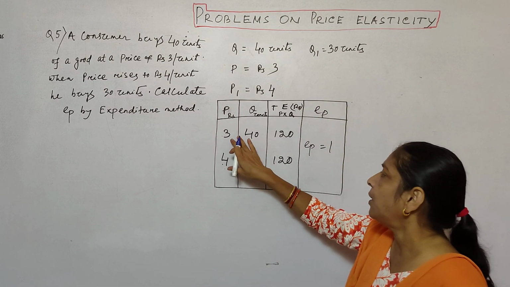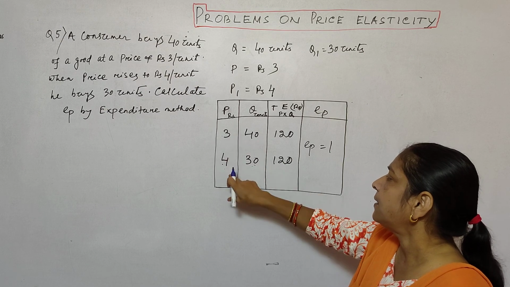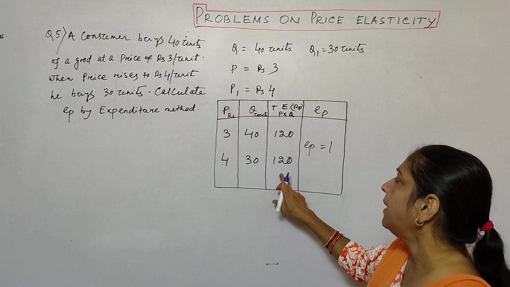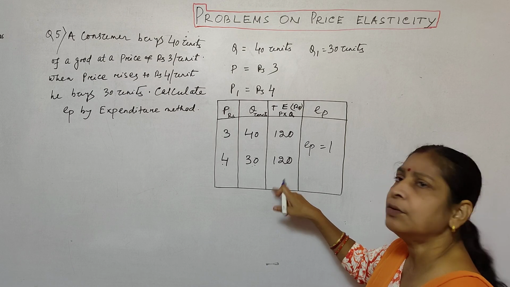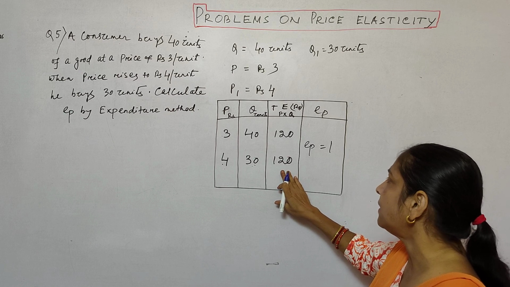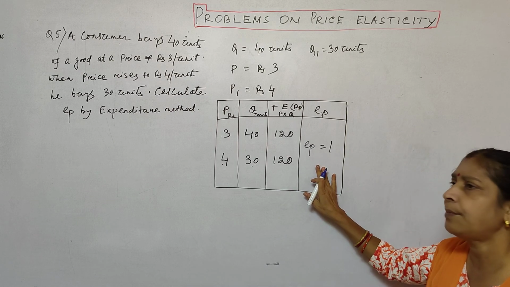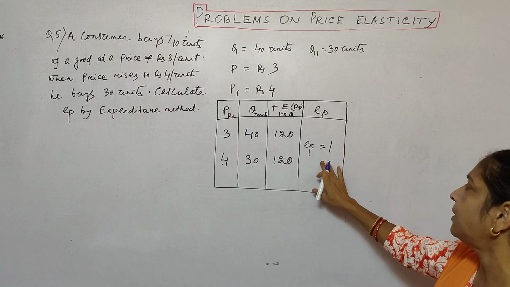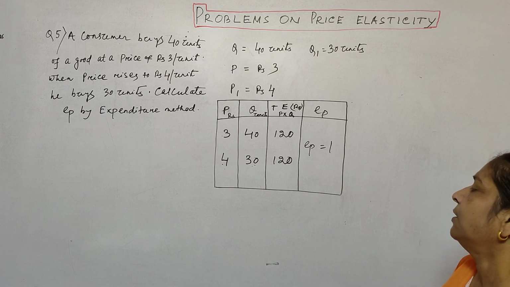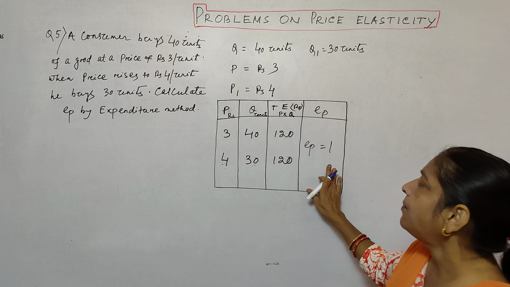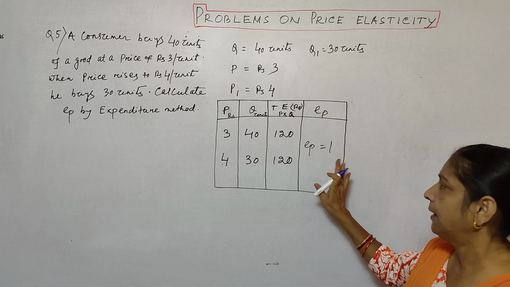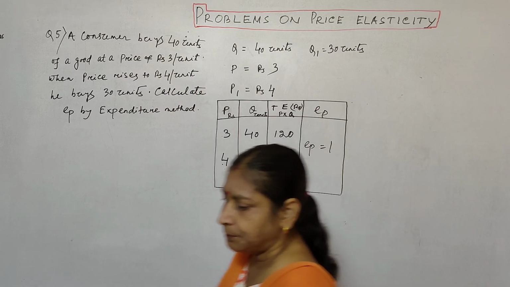With a rise in price, total expenditure remains constant. Or if the price falls, total expenditure remains constant, then it is also the case of unitary elastic. That means EP in this case is 1 or unity. So friends, with the help of the total expenditure method, here we have calculated the value of EP.